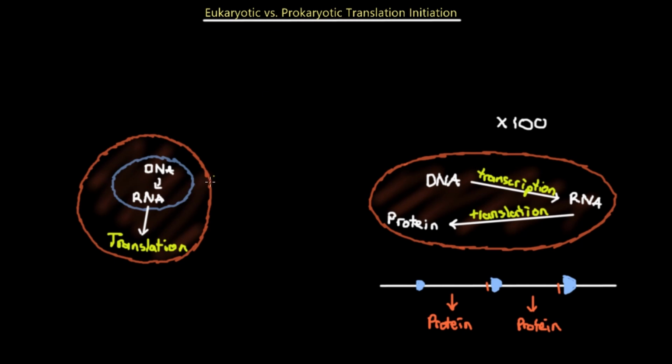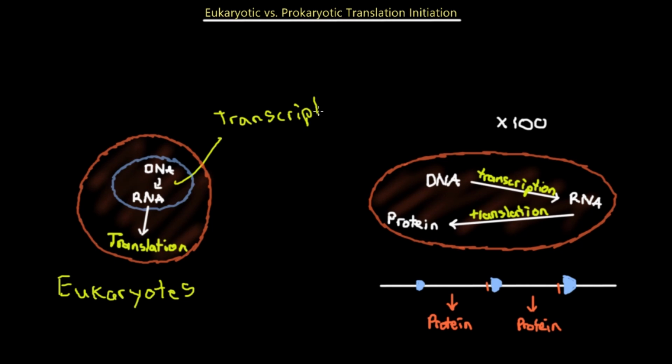However, in eukaryotes, it is going to be completely separate. Why is that? Because eukaryotes have a nucleus. Inside the nucleus, we get DNA to RNA, so we get transcription.